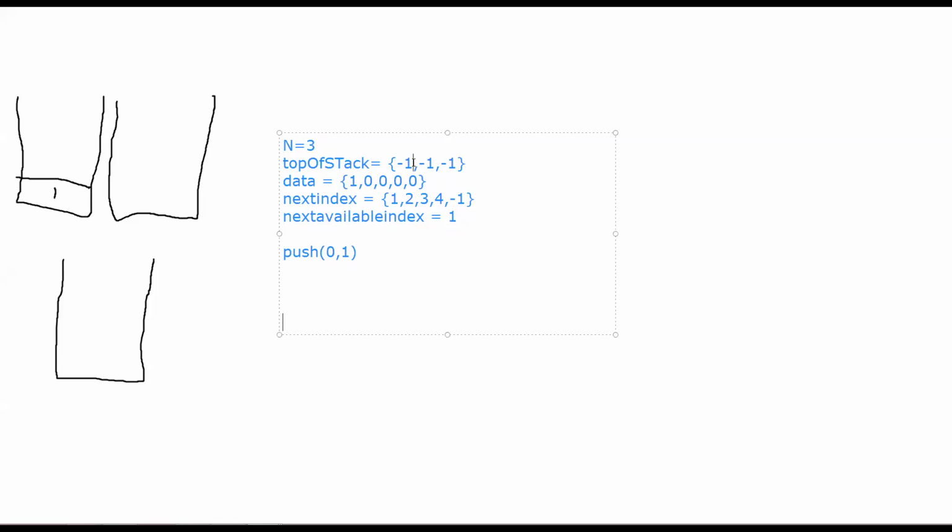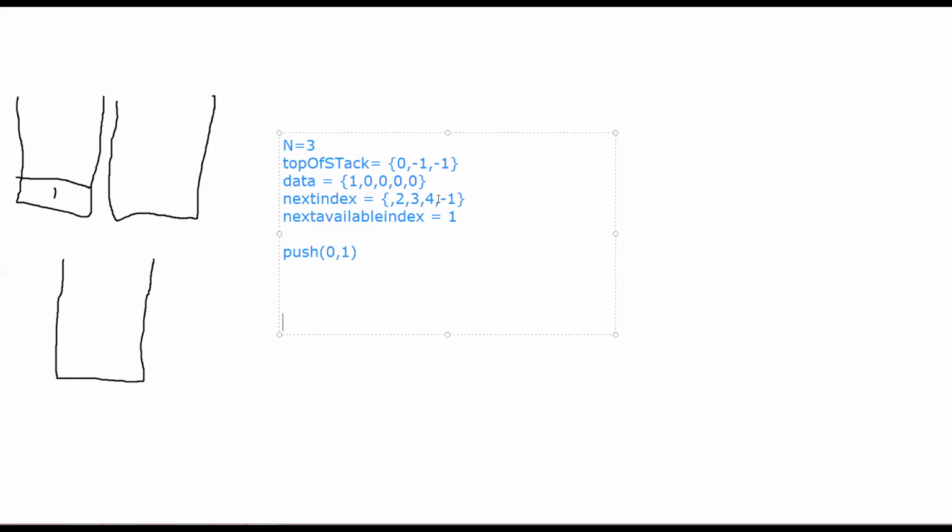And now the top of the stack will be wherever you push the element. This was 0, so the top of the stack will be changed to 0. And my next index, now this is the tricky part. Previously it was 1.